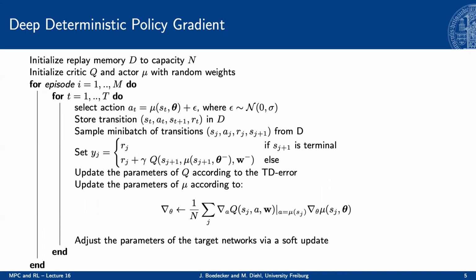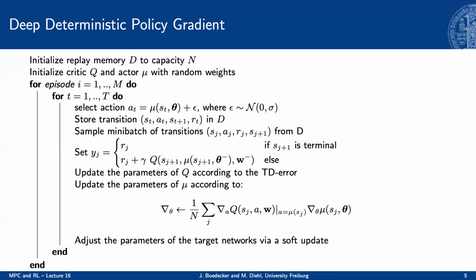So here's the pseudocode. You will see that it looks similar to DQN, just as I mentioned before, but there are some important differences, of course. Just as in DQN, we use experience replay, we store everything in our replay memory that has a finite capacity, and we initialize the parameters for actor and critic. Then for the different episodes, we loop through the steps of the episodes.